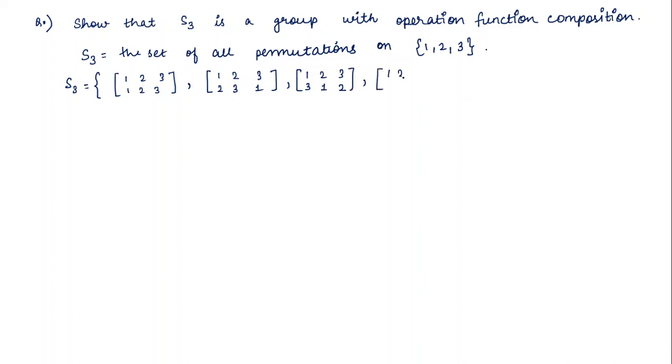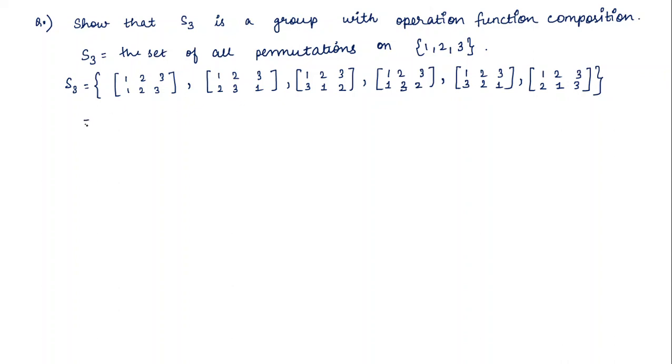Then let us keep 1 fixed and interchange 2 and 3, and then keeping 2 fixed, the image of 1 is 3 and the image of 3 is 1. Then the image of 3 is itself, the image of 1 is 2 and 2 has its image 1. So this is what S3 is.